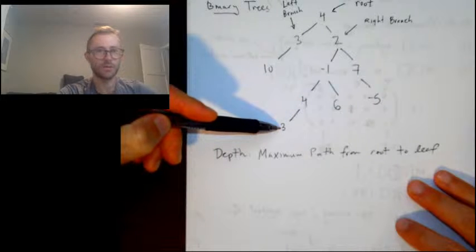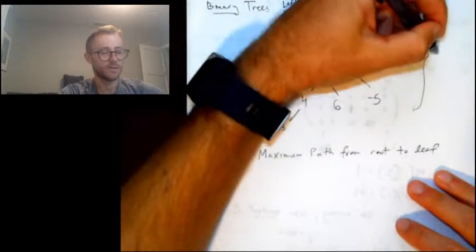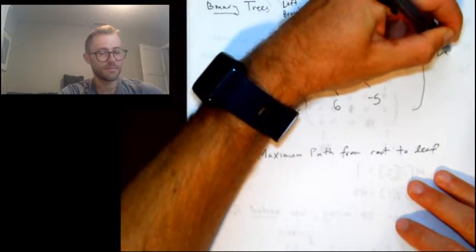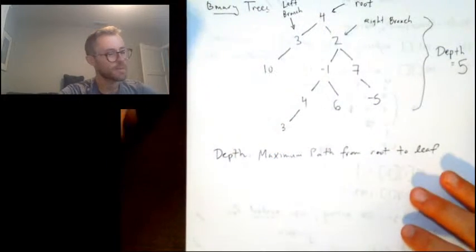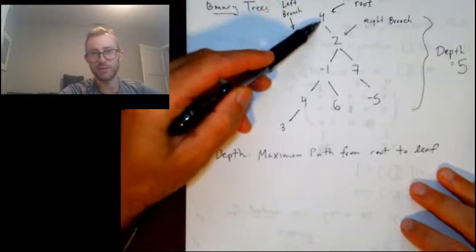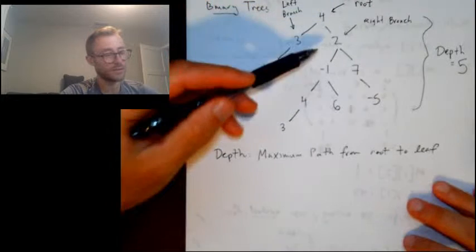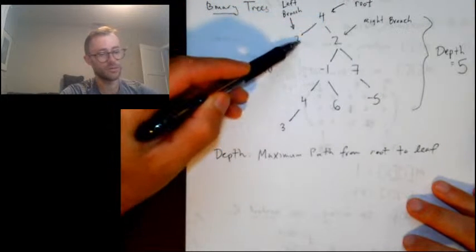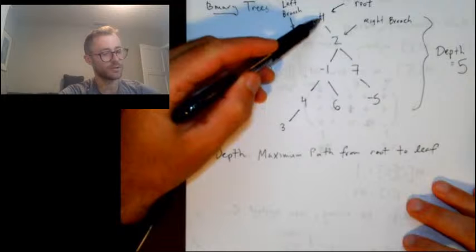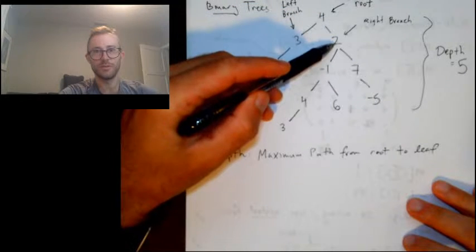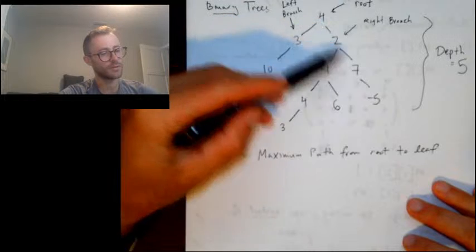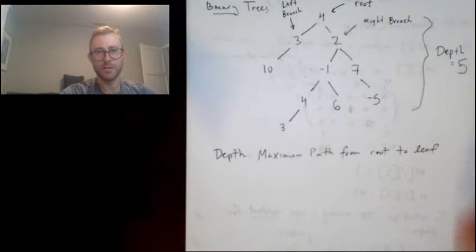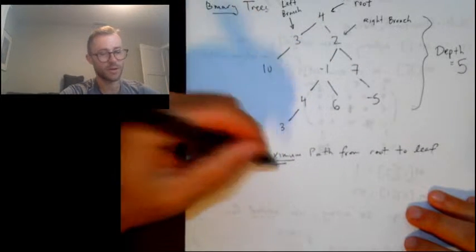Okay, so I would say that the depth of this binary tree is 5. Okay, because there are shorter paths to a leaf. There's 1, 2, 3. There's 1, 2, 3, 4. But it's the maximum path that is the depth.